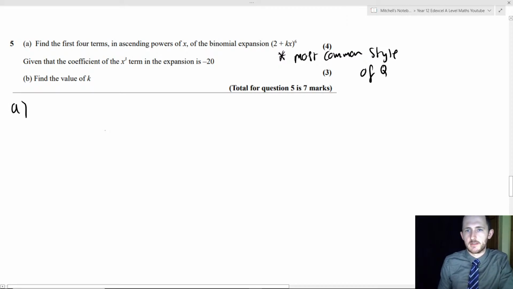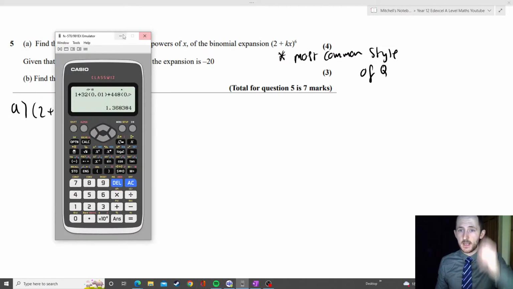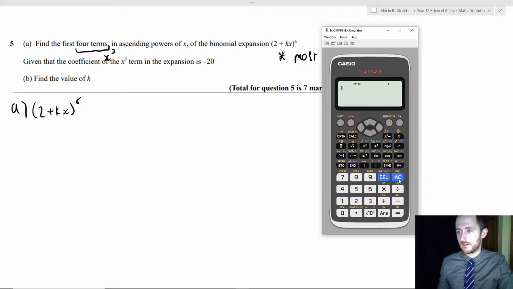So get good. First 4 terms, which means up to x cubed, right? Of the expansion 2 plus kx to the power 6. Okay, let's do this. Once again, what is the power? The power is 6. What position am I in at the moment? I'm in position 0. And it's a 1.